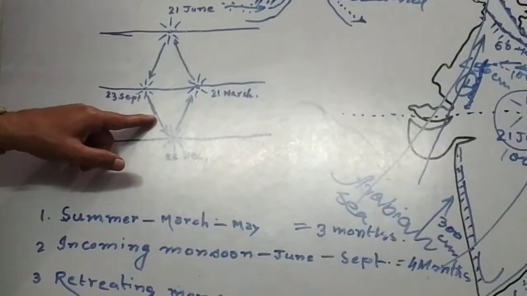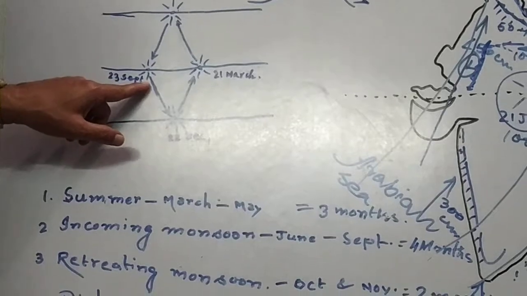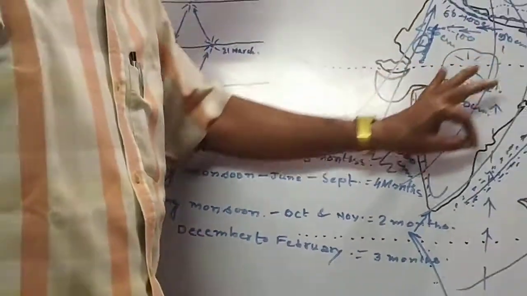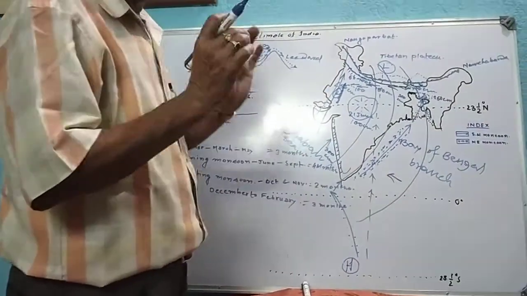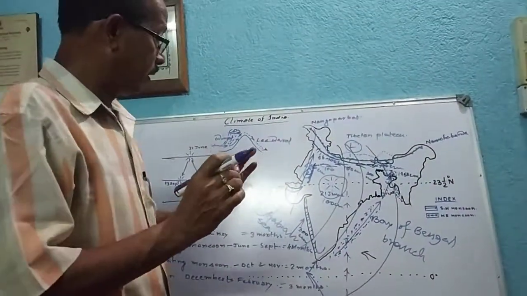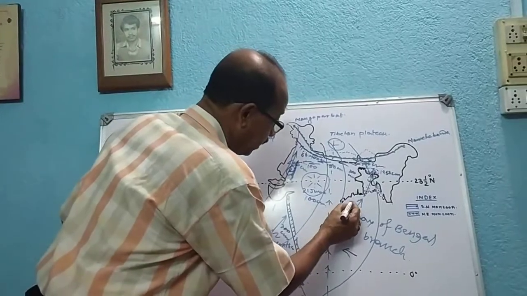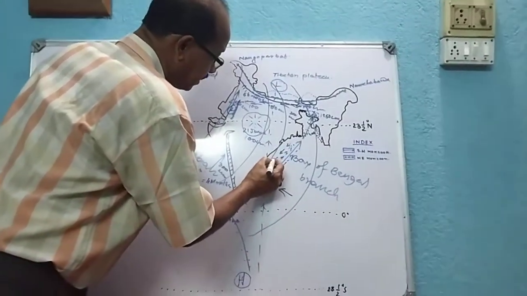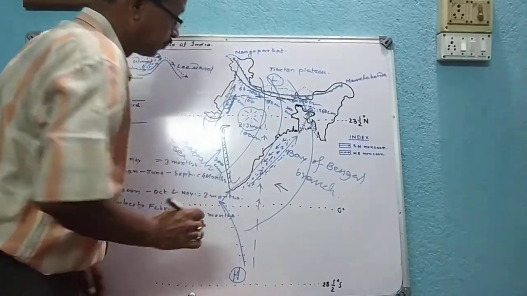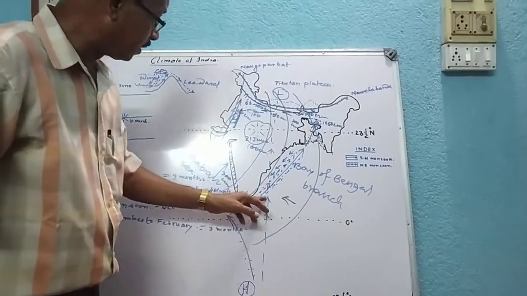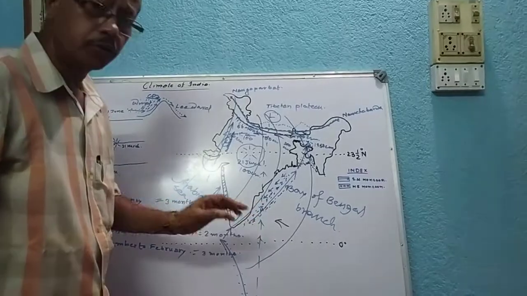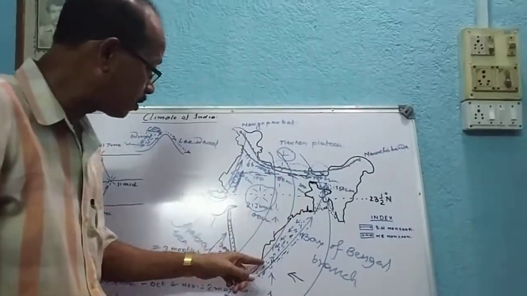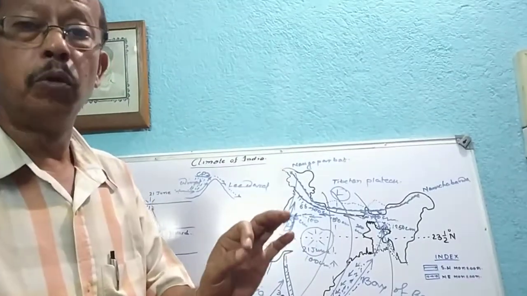In the month of October and November, the southwest monsoon changes its direction. In the month of October, there is the existence of two types of wind. Gradually, this southwest monsoon ceases, and northeast monsoon begins to blow.